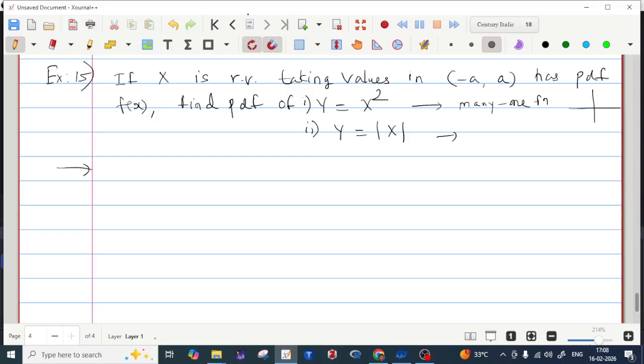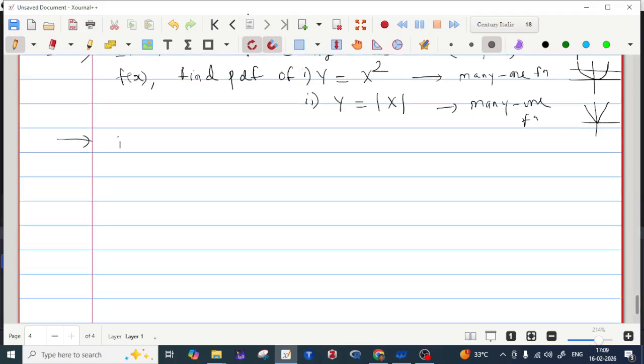This is the graph, and this is a many to one function. The graph of y equals mod x is this. Again this is a many to one function. Both functions are many to one, so we cannot use the Jacobian transformation approach. For this transformation, we will use the distribution function approach.